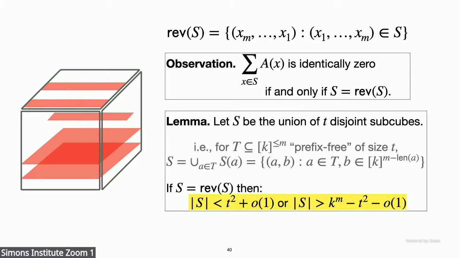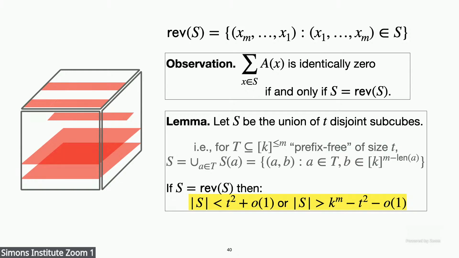Okay. So what we show is that for sets of this type, where S is a union of disjoint subcubes, which is something you can deal with, so you can ignore this, and S has the property that it's equal to its reversal, it's invariant under reversal, then S is either really small, of size polynomial in T, almost nothing, or it's really big, it's k to the m, everything except for some small number of points.